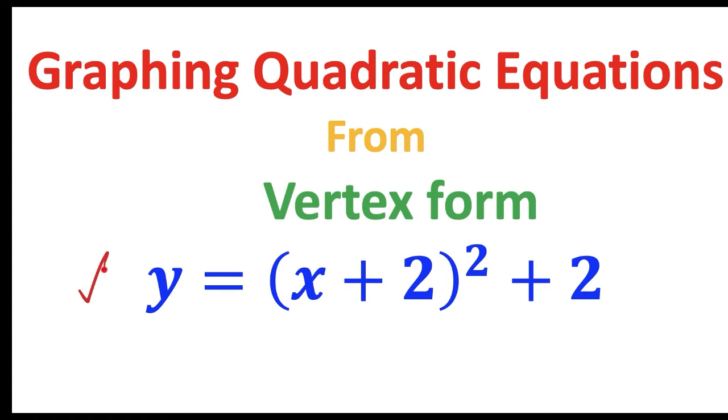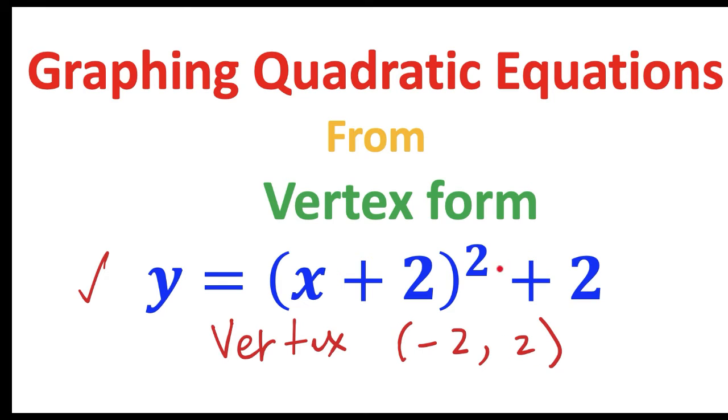When we look at this vertex form, x minus h squared plus k, the vertex would be (h, k). So it would be negative 2 and 2. So from vertex form, we got the vertex is negative 2, 2.